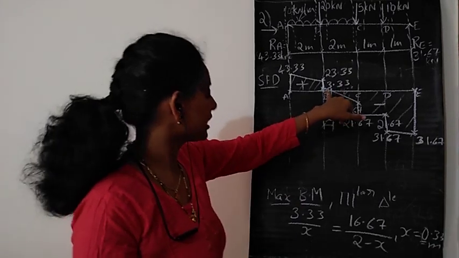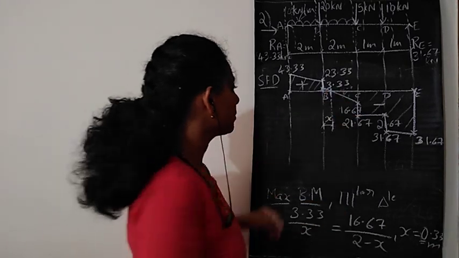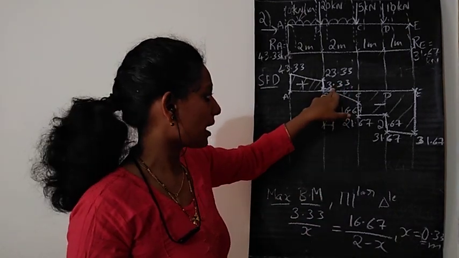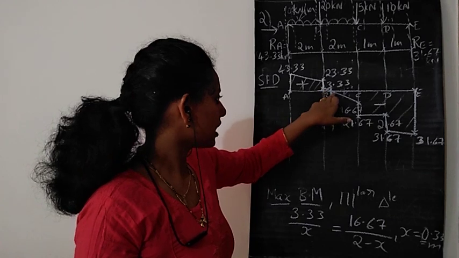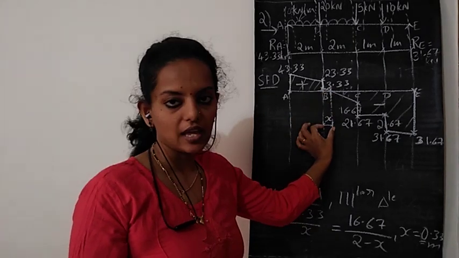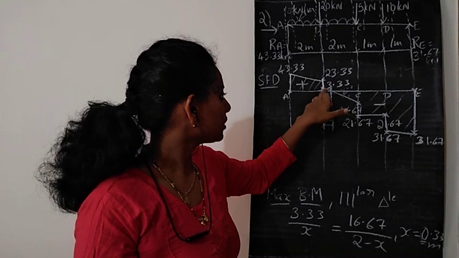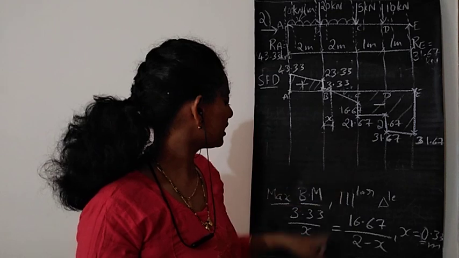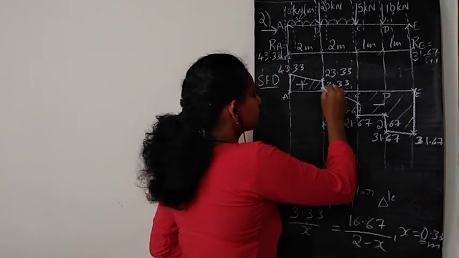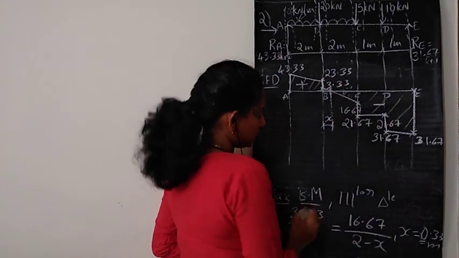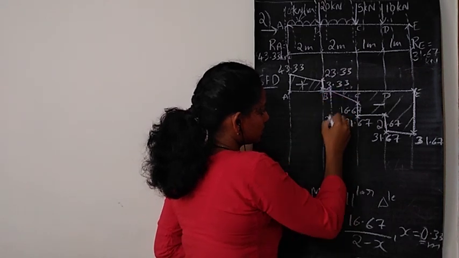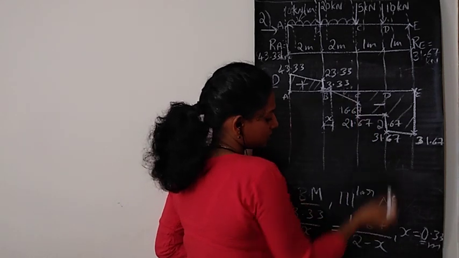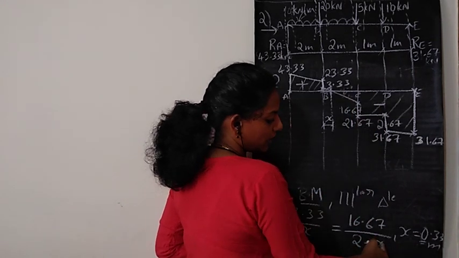Okay. So I'll explain again. To find out maximum bending moment, just see where the shear force is 0. There you will have maximum bending moment, and consider up to that marked point as x distance, and taking the similar triangle, just solve it and get the value of x. So suppose this is your triangle, consider 3.33 by this distance x, which is equal to 16.67 by 2 minus x.